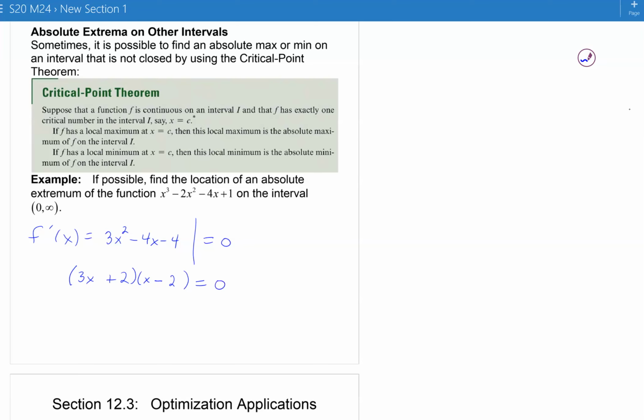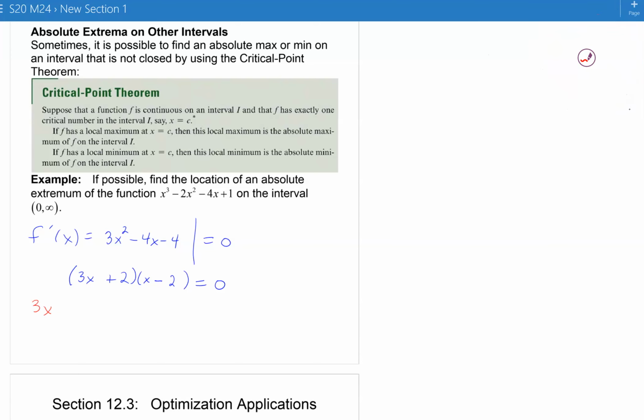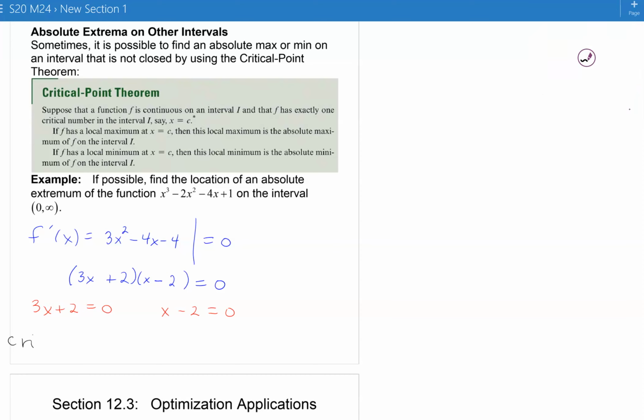Make sure that works, looks good. So then we use our zero product principle to say either 3x plus 2 equals 0 or x minus 2 equals 0. So my critical values are x equals -2/3 and 2.